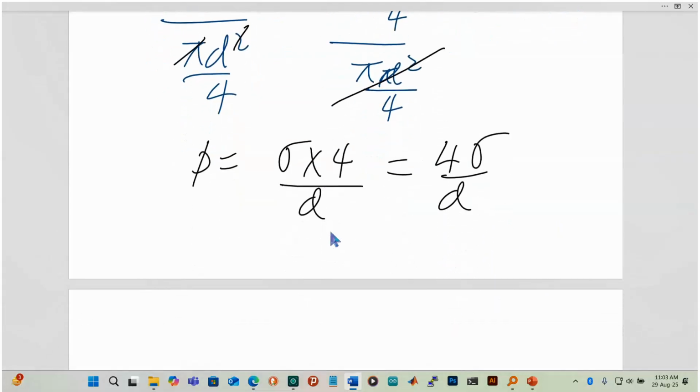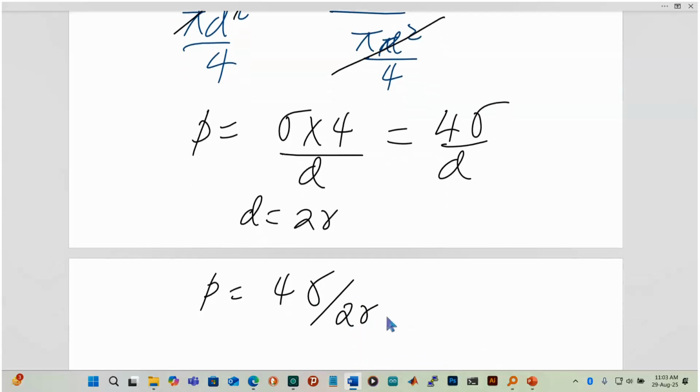So if we bring in a radius, then we know that D is equal to 2R. So meaning that pressure will equal to 4 sigma divided by 2R.